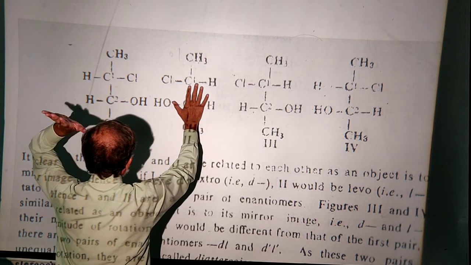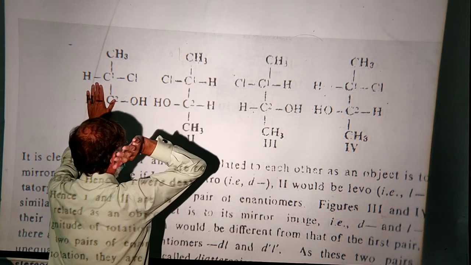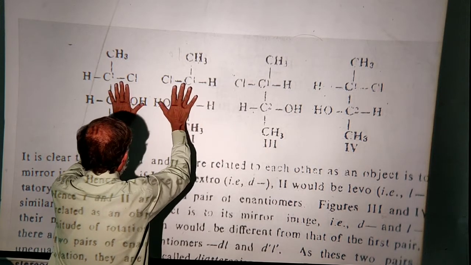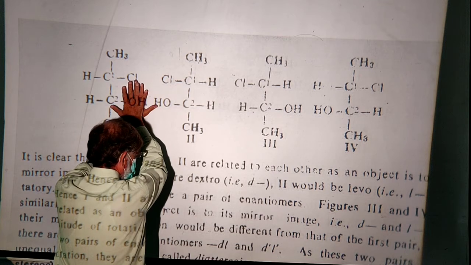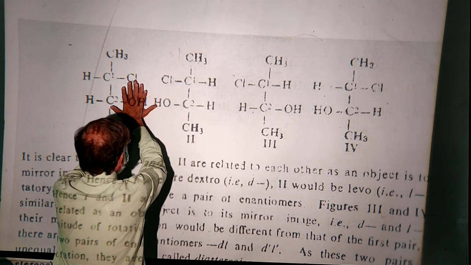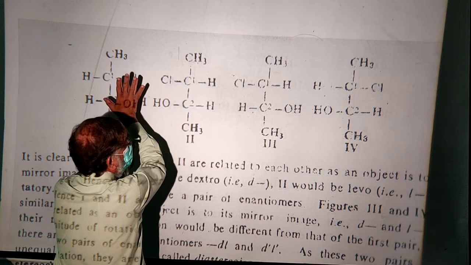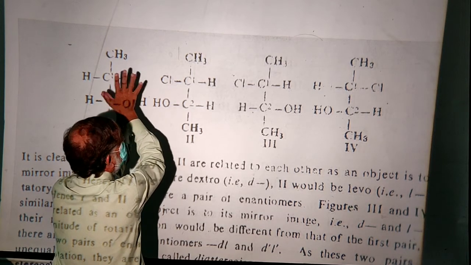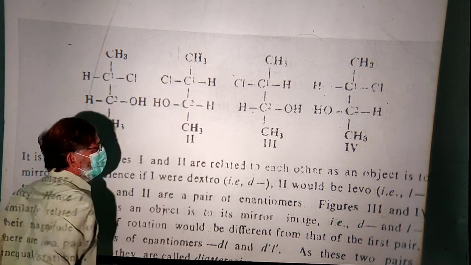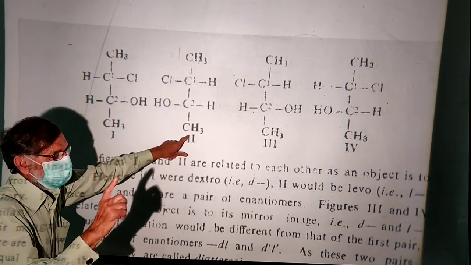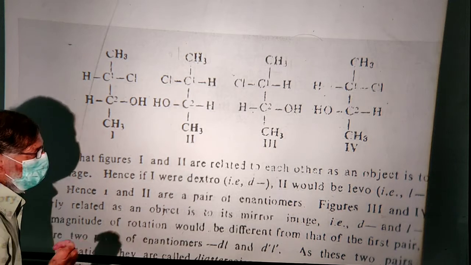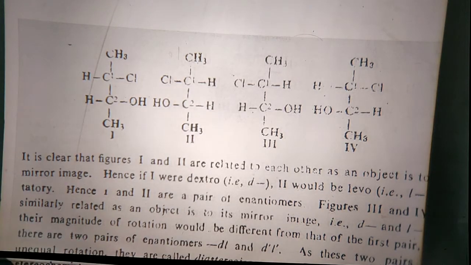This is one enantiomer and this is another enantiomer, because they are non-superimposable. If they could be superimposed, there would be nothing. So this is non-superimposable. That's why this is the object and this is the mirror image, as I talked to you about in the first example of lactic acid. Similarly, this is there.